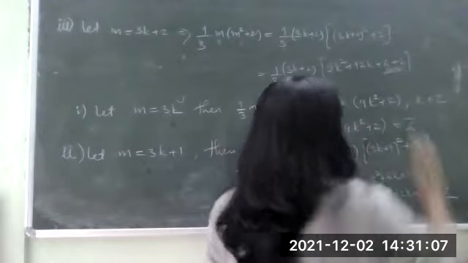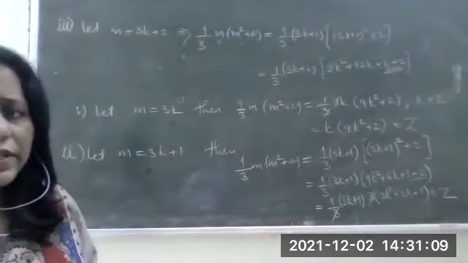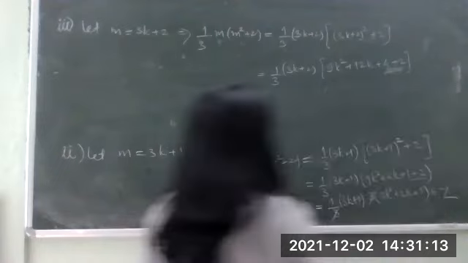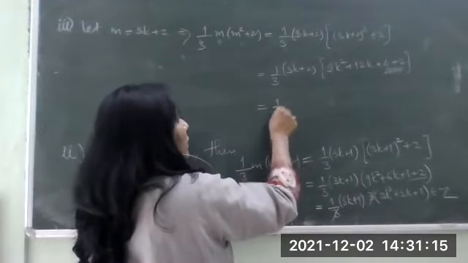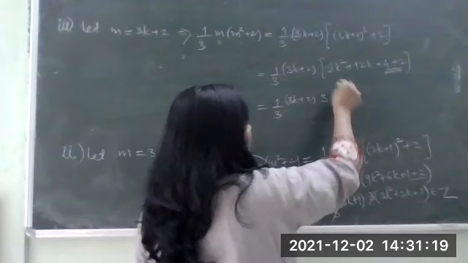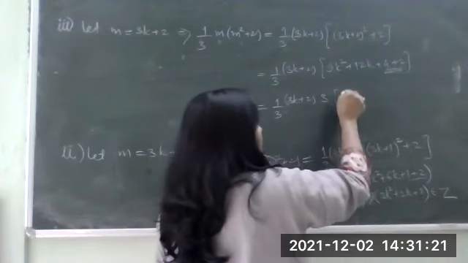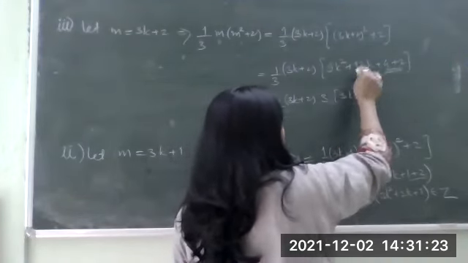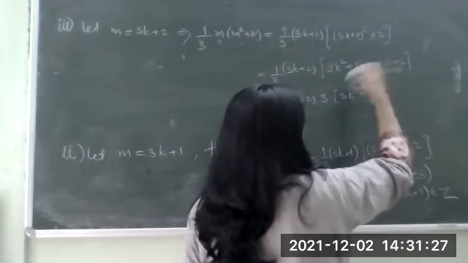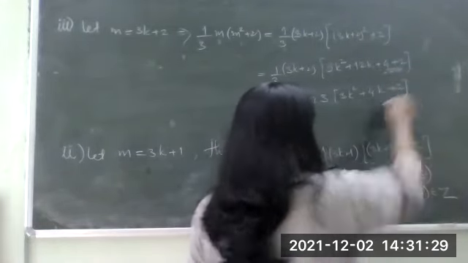Again you will find 4 plus 2 is 6. Again you can take 3 common and I write it as 1 by 3 into 3k plus 2 into 3k square plus 4k plus 2.